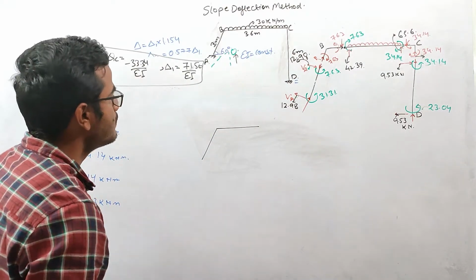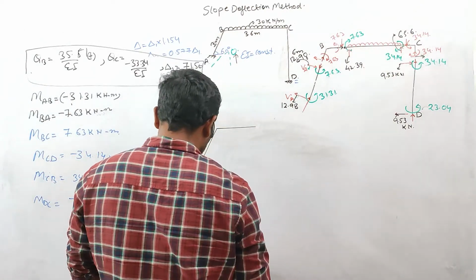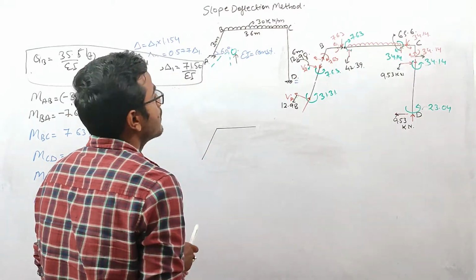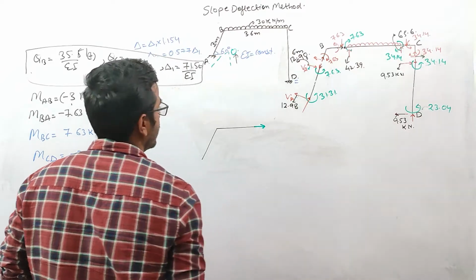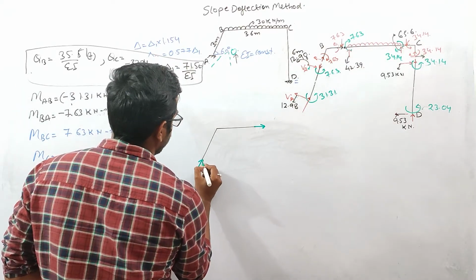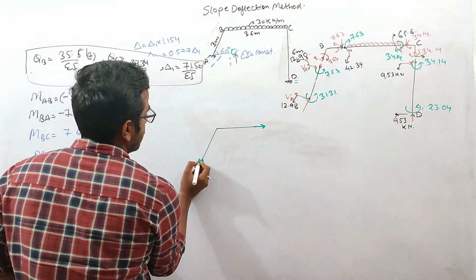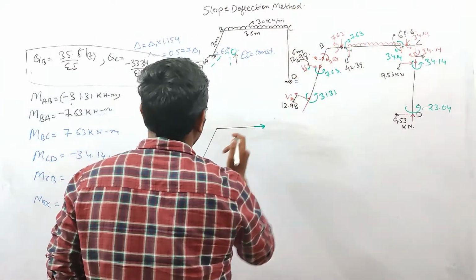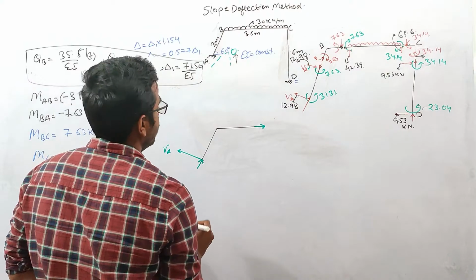I'm assuming that at this point there is one horizontal force. At this point also there is some horizontal force or axial force, right? One shear force which we have already calculated, this is VA, right?